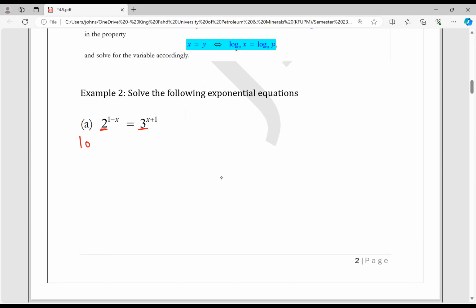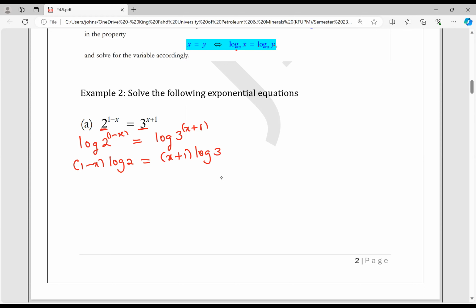So this is just log of 2 to the power 1 minus x equals log of 3 to the power x plus 1. But don't forget that 1 minus x and x plus 1 are all powers, right? So you can bring the power down. So we have 1 minus x times log 2 equals x plus 1 times log of 3.